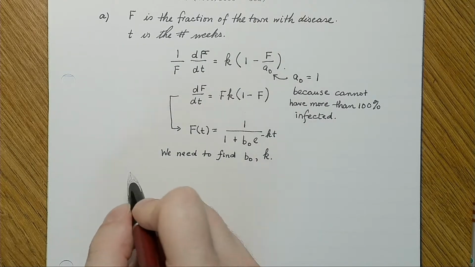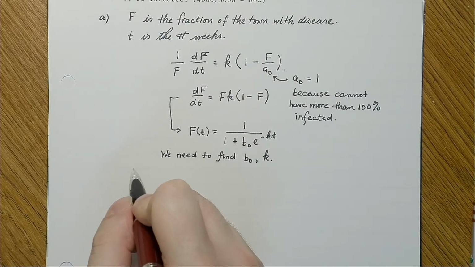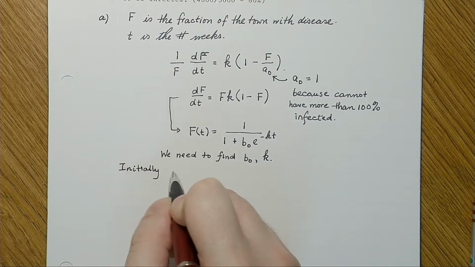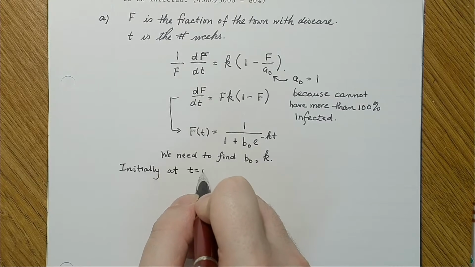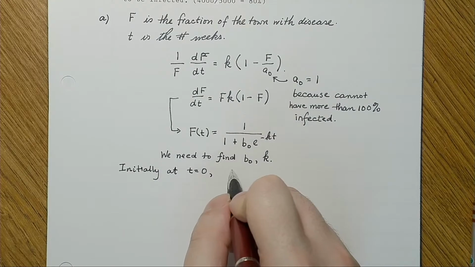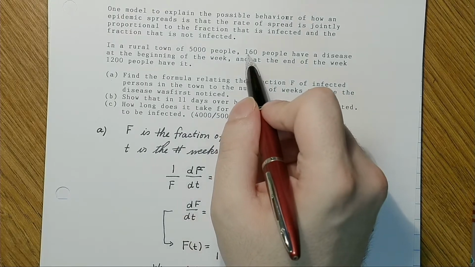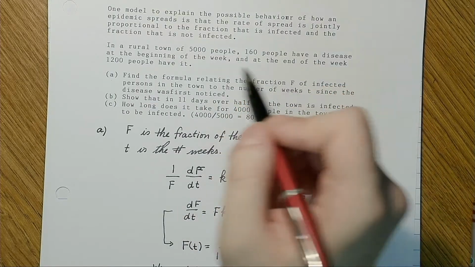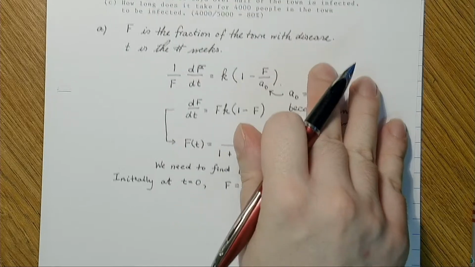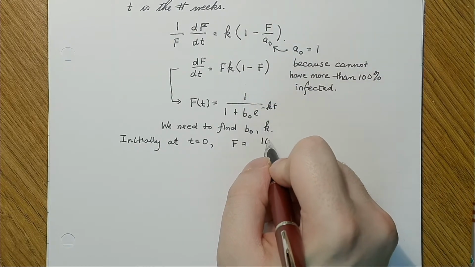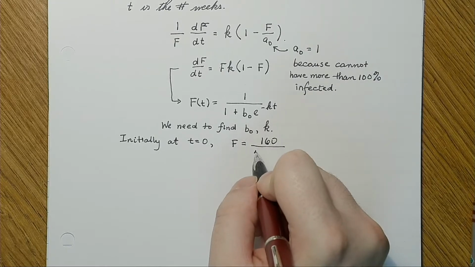So what we were told is that initially, at t equals 0, the fraction, so we were told at the beginning here that 160 people had the disease out of 5,000. So we're told initially 160 out of 5,000 had it.